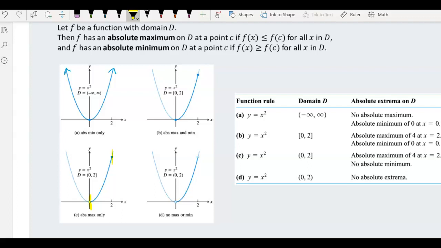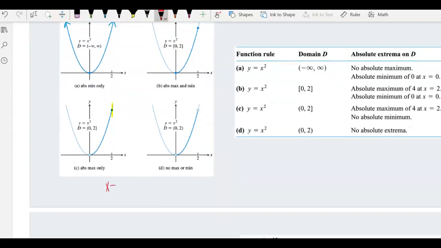So similar to the last example, we still have an absolute maximum on that restricted interval, but we don't have a minimum per se, because every x value that we choose that's really close to 0, let's say x equals 0.1, well, we could just pick another value that's even closer to 0, right? And continuing on and on, we can never get a value that's going to be the very minimum because we have this open interval there.